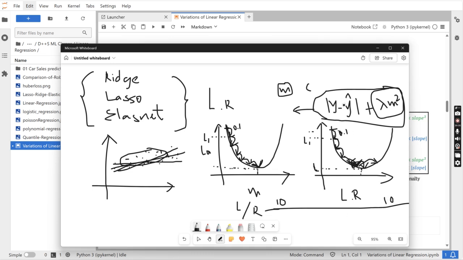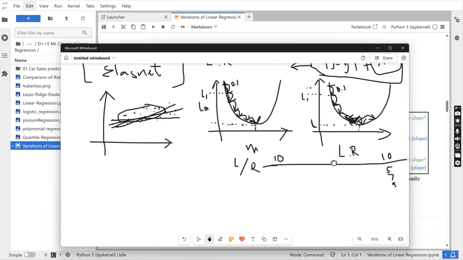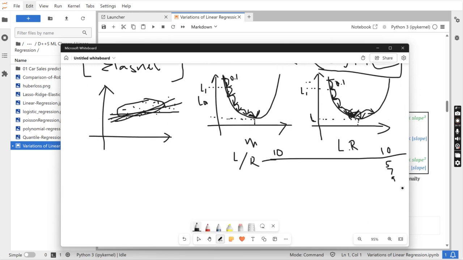Now each time this y cap was calculated, let's just say initially it was 5, then it went to 7, then to 9, and from 9 it went to 9.6 and stopped. Okay, when it went to 9.6, you said okay, now the values have reached the global minima. But here what you will say is it will go to 5.